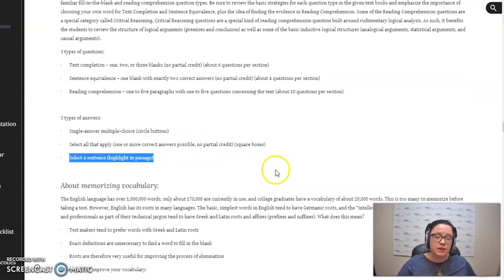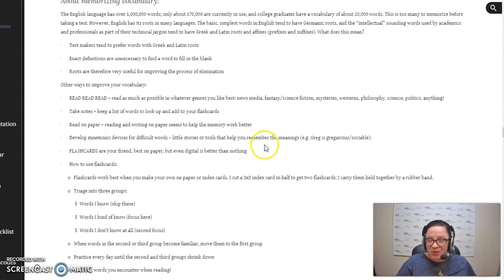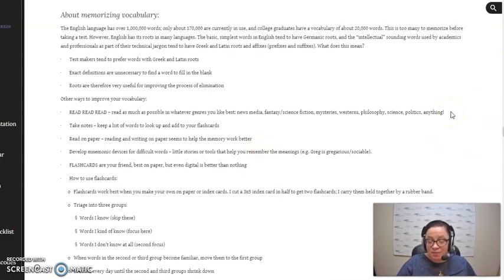About memorizing vocabulary, it's still largely a vocabulary test, the verbal section, especially for non-native English speakers. So you can tell them all of this, but be measured with how much you frighten them with the English language. Just encourage them. The goal is to be nurturing, right?